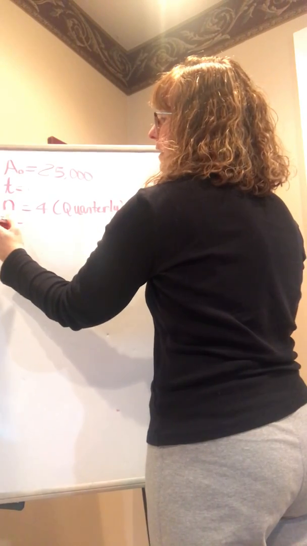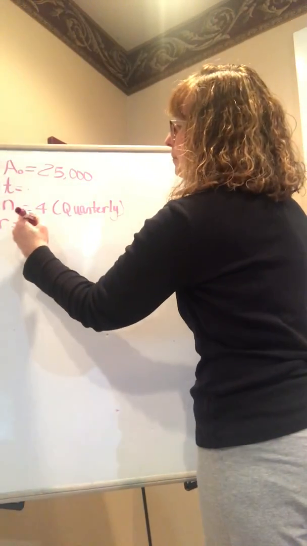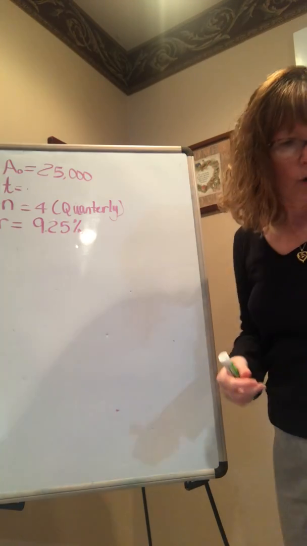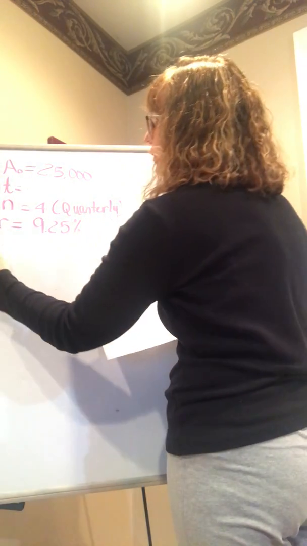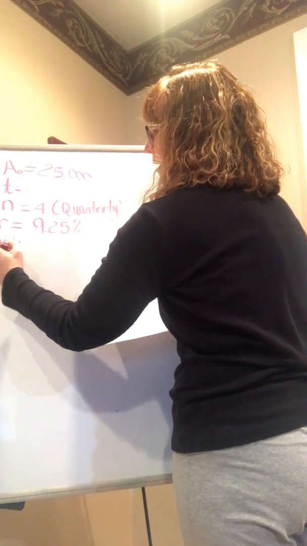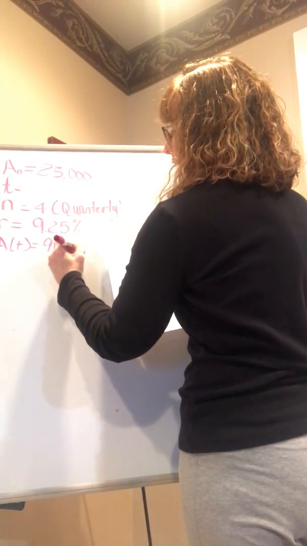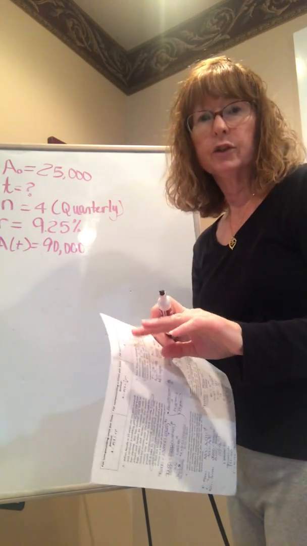And the rate was 9.25%. So she wants to know how long can she leave this money in her mutual fund. So the amount will be $90,000. So again, we're looking for the time. But this time we're compounding quarterly.